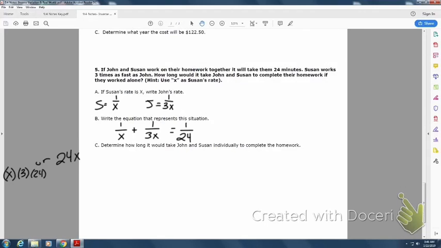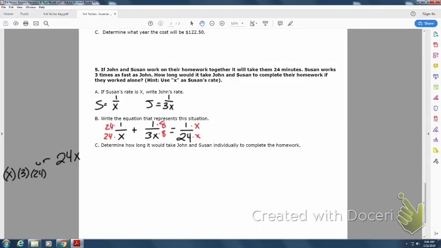So looking at the first fraction, I've got x down there, so I've got to multiply both the top and the bottom by 24. That's going to give me 24x. The second fraction I need to multiply times 8. And the last one I need to multiply times x.